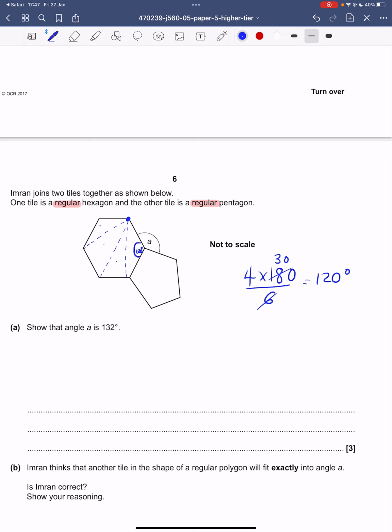Okay, so for the pentagon, take a particular corner. Pentagon: 1, 2, 3 triangles. 3 times 180, and this time divided by 5. 5's into 180 is 36. And 3 times 36 is 108 degrees. So each one of those is 108.